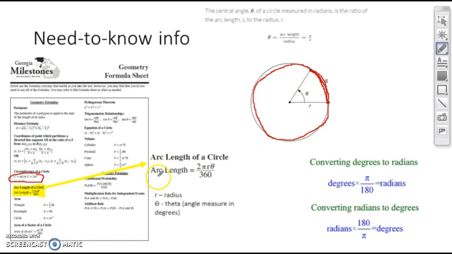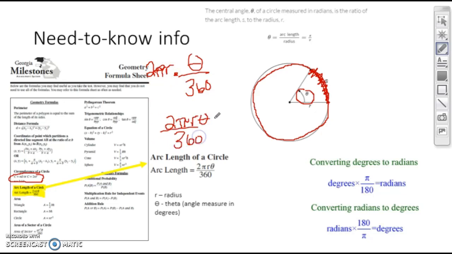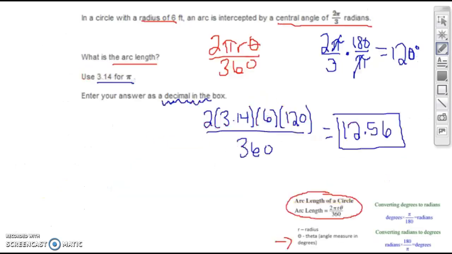Well, we don't want to measure all the way around anymore. We just want to measure this piece of it. So to figure out that piece, you take whatever this angle is and you divide it by 360. That's going to give you just that piece of it. So you're taking the circumference, 2 pi r, and you're multiplying it by just the piece that you want, which is how they simplified it to 2 pi r theta over 360. So there you go, a little extra math knowledge for you.